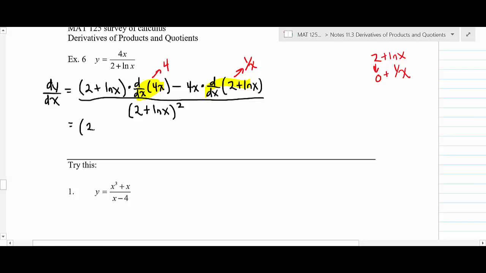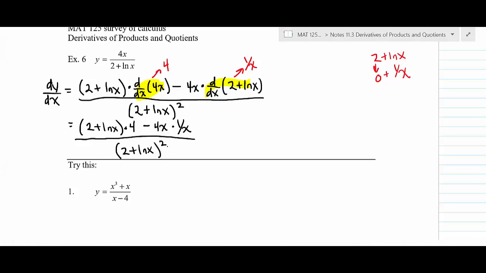Let's put it together and see what kind of simplification we have. So we have 2 plus ln x here times 4 minus 4x times 1 over x, and then all over the bottom squared. Now, that's not simplified. So what do you notice happening here? What happens?